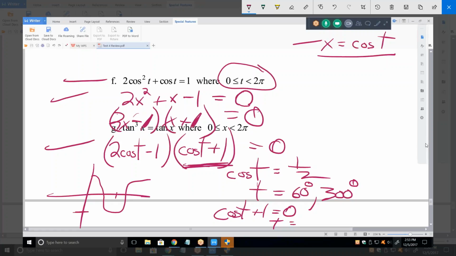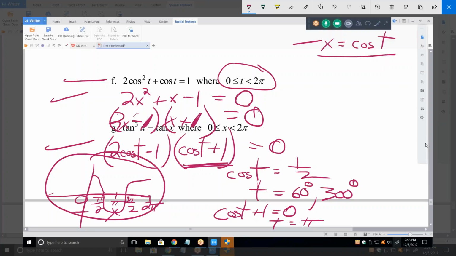So cosine t is -1. Pi. Look at my curve over here. Remember, these key points: that's pi over 2, that's pi, that's 3 pi over 2, that's 0, that's 2 pi.